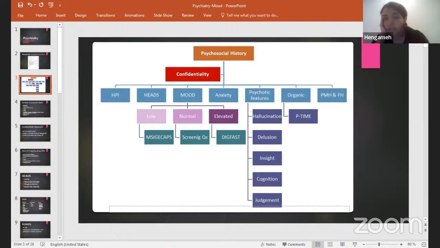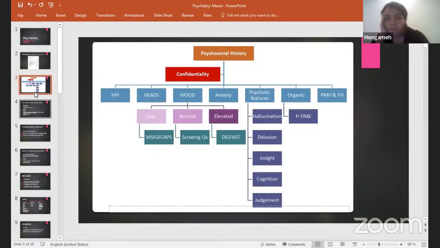This is just a suggested approach to psychosocial history taking. I haven't numbered these on purpose, because it's up to the case and to the role player and what the role player is saying. It's the physician and the candidate who decides which one to ask first.